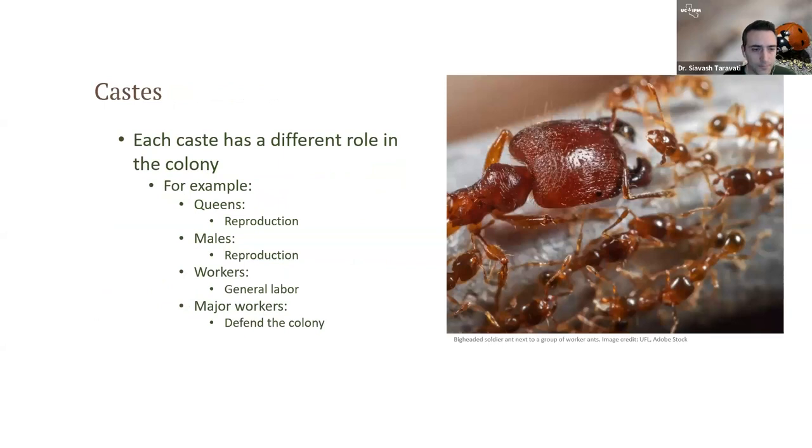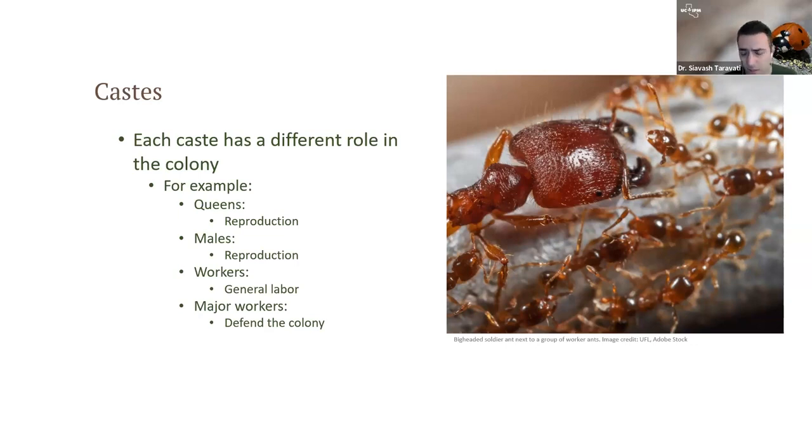So in pest control, what really matters is the role of different ants in the colony, or caste. Caste means a group of individuals within a colony which do a certain task. So you have a queen or queens, depending on the colony, because some colonies have multiple queens, and they're in charge of reproduction and starting a colony.